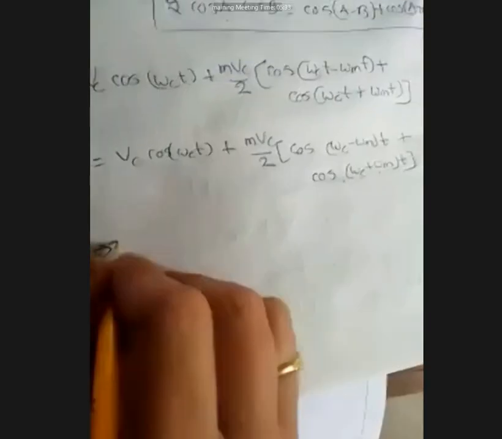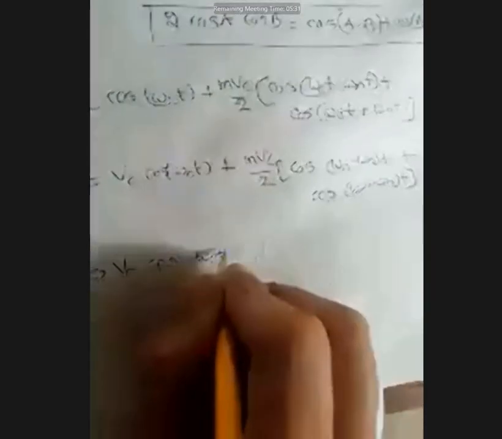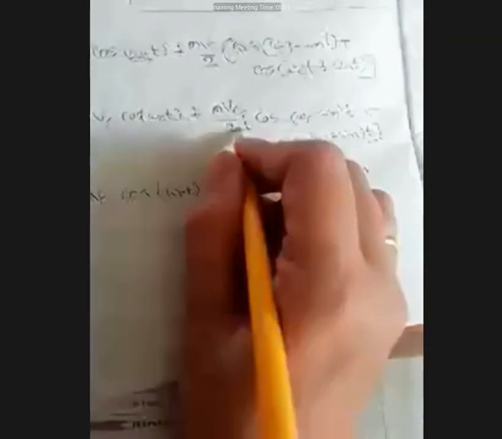Now we can write VC cos omega ct plus MVC by 2 cos omega c minus omega m t plus, I am doing the multiplication again for each and every product here.